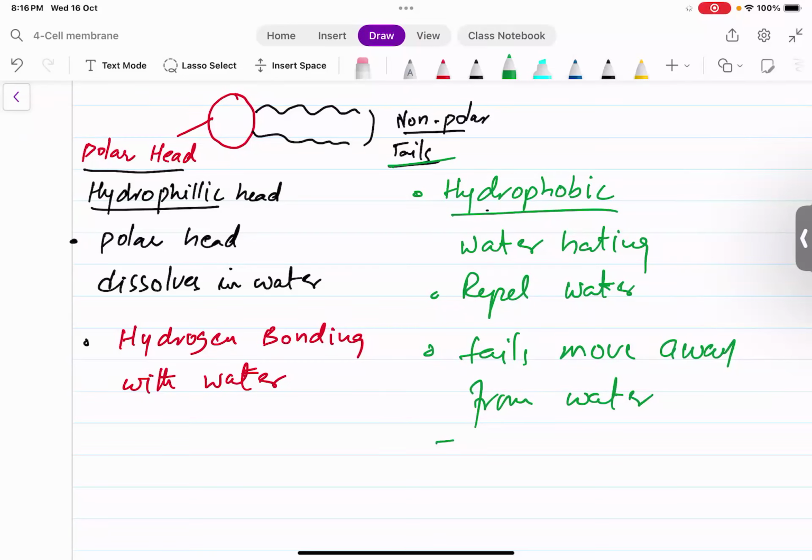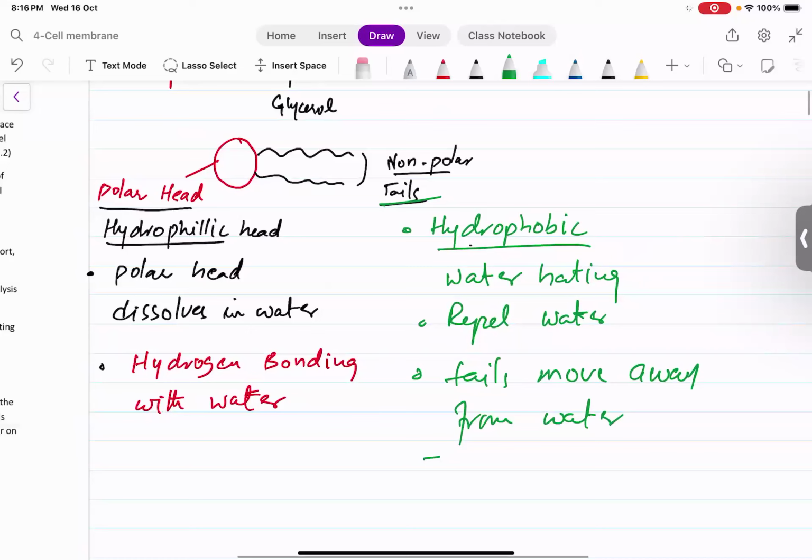Now, if we have understood this phospholipid molecule on the basis of its solubility, the head is a soluble part in water, whereas the tails are insoluble in water.